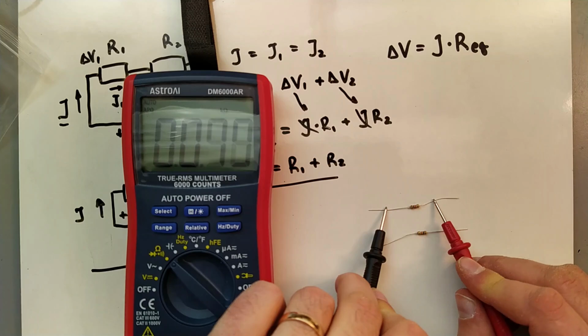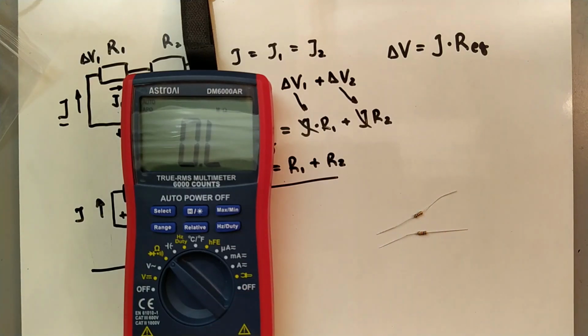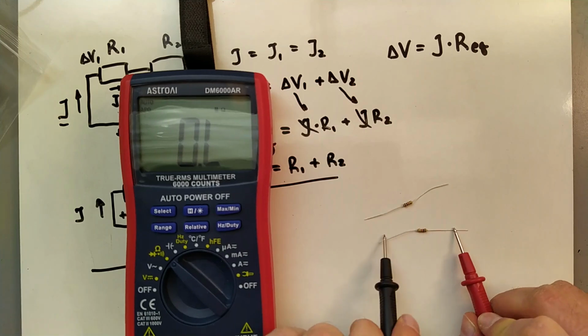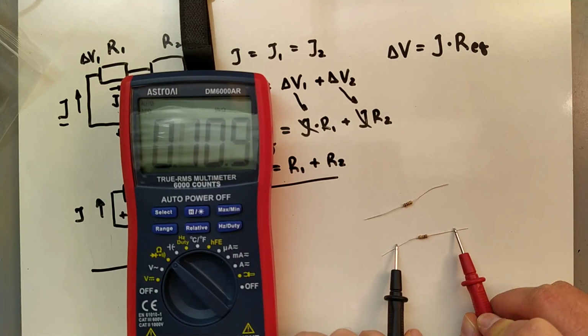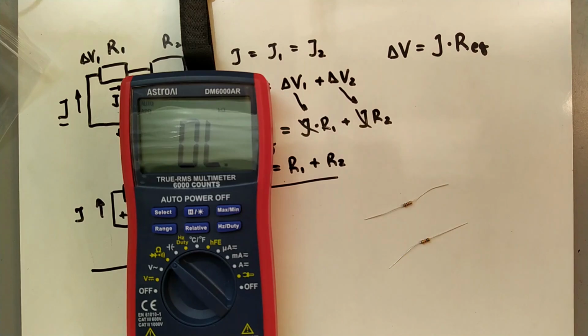And resistor 2, again 998 ohm. So the units here are kilo ohms. That's why we see it as 0.999. So that means we have 999 or 998 ohm.